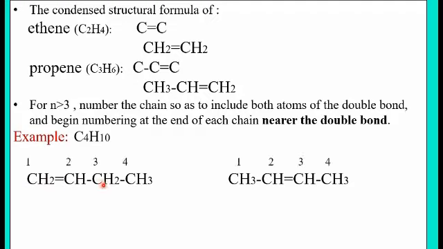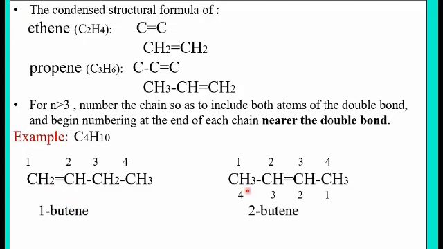1, 2, 3, 4. The nomenclature of the first condensed structural formula is 1-butene according to the position of the double covalent bond on the first carbon atom, and butene because we have a double covalent bond. It is an alkene. For the second condensed structural formula, the same.